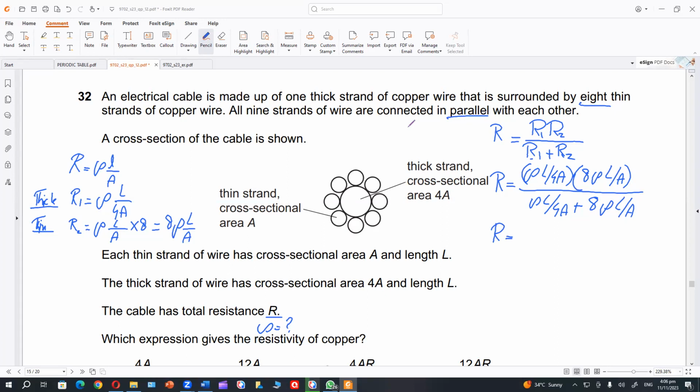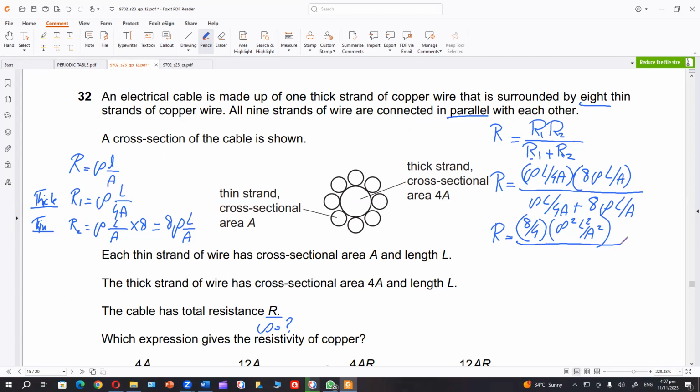So we can take the square function, L squared. There is an 8 in the numerator and a 4 in the denominator. So I can write 8 upon 4 and rho squared L squared upon A squared.